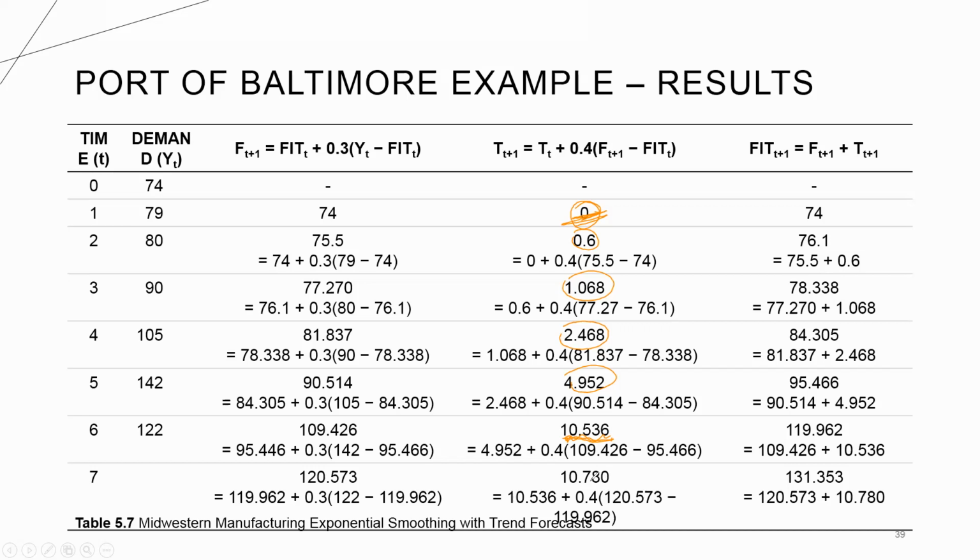Maybe the adjustment went from 0.6 to 1 to 2.5 to 5 to 10, and now it's going from 10.5 to 10.7. That's a small bump up. So the fact that we're seeing small changes in the trend adjustment means maybe we're around the right number now. We were seeing big jumps before, which reflects the fact that our trend adjustment was not very good at the start. It takes a few periods to get going.